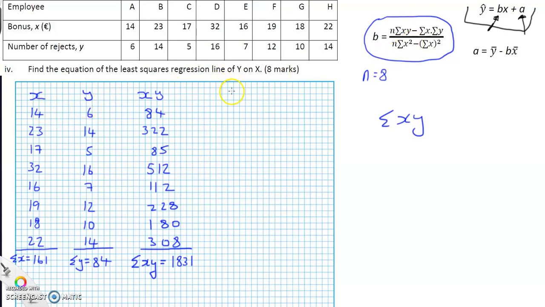For each x we need an x squared, so we need another column called x squared. 14 squared is 196. 23 squared is 529. 17 squared is 289. 32 squared is 1024. 16 squared is 256. And 19 squared is 361.